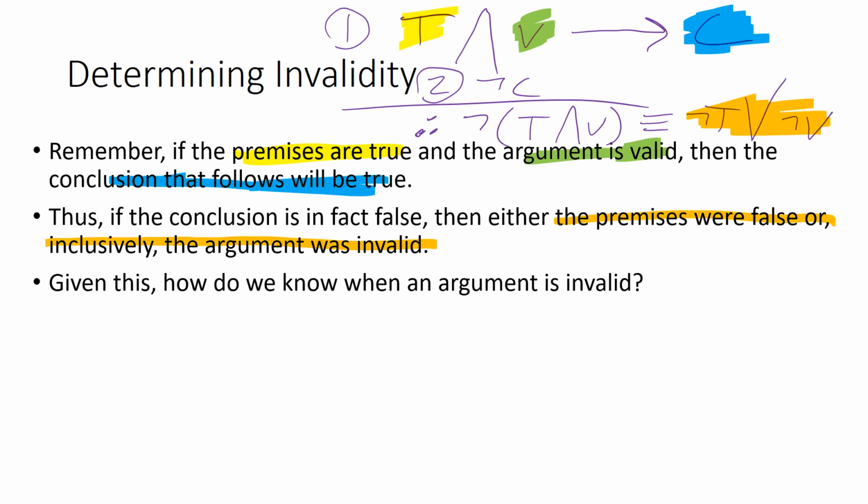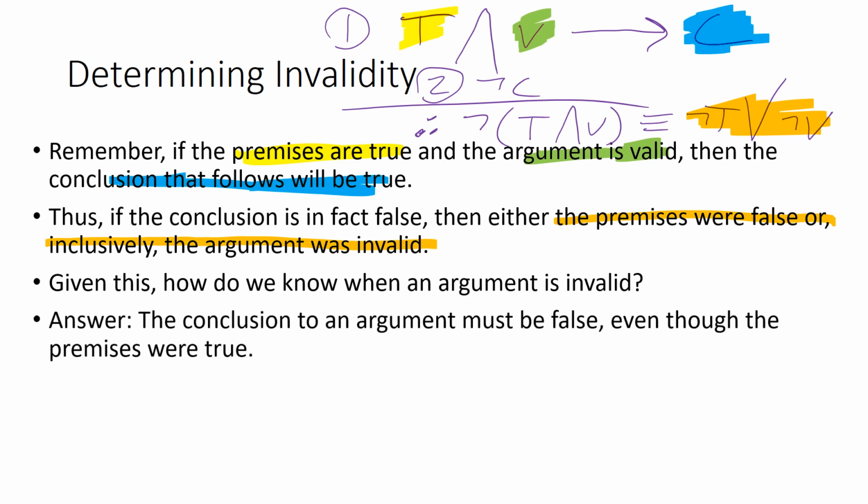So given this, how do we know when an argument is invalid? Answer: the conclusion to an argument must be false, even though the premises were true. So that is to say that if we have not T or not V, we know for a fact that this is not the case.